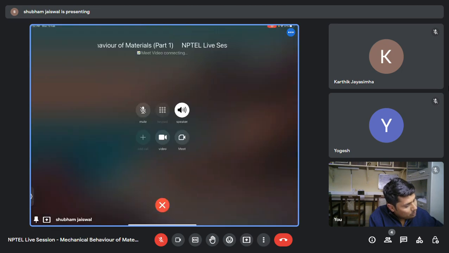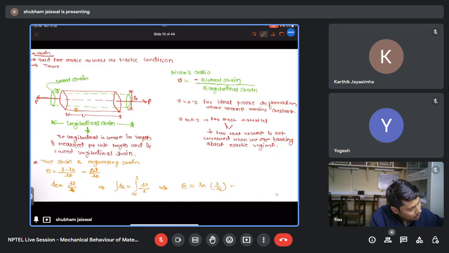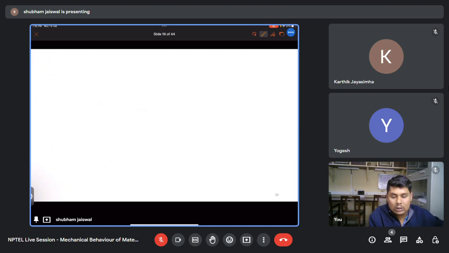Now, just a second, guys. From this, if I calculate, that is e plus 1 is equal to L upon L naught. So if I put this value here, what will I get?